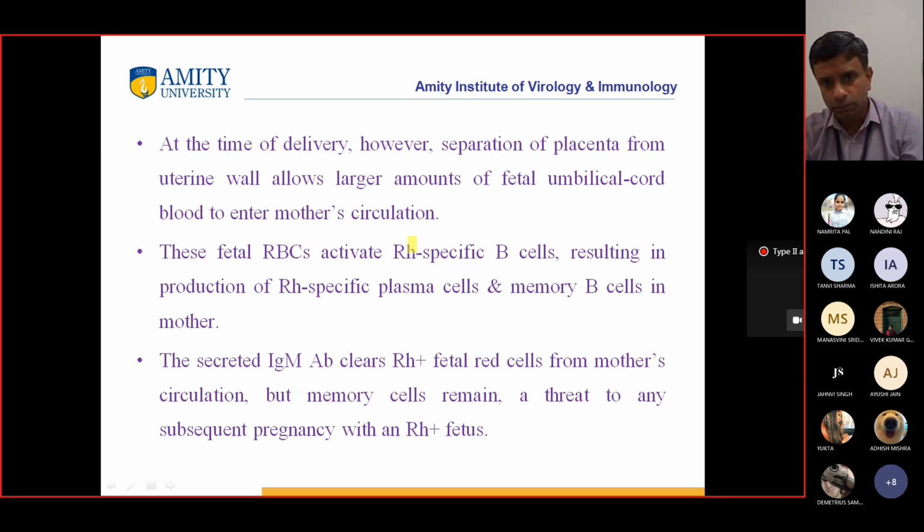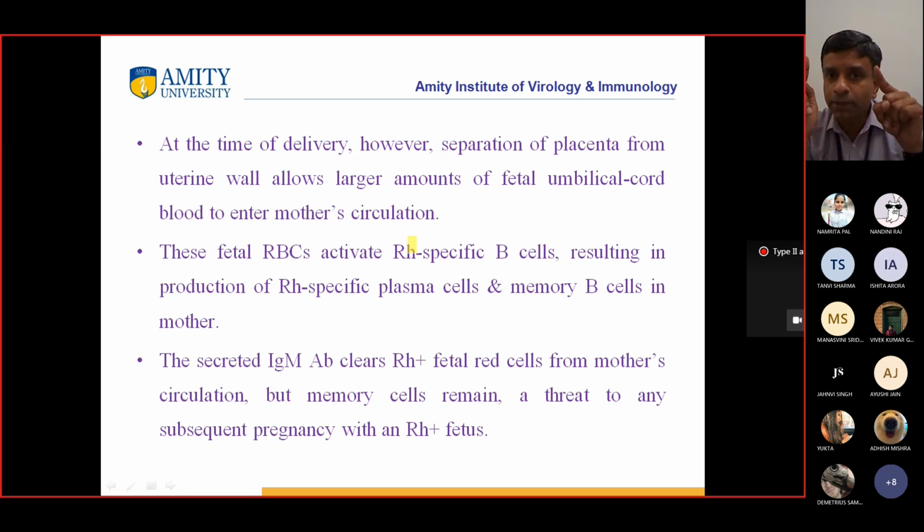So when delivery happens and the baby is being taken out, some of the RBC of the fetus from the umbilical cord may enter into the mother's circulation.